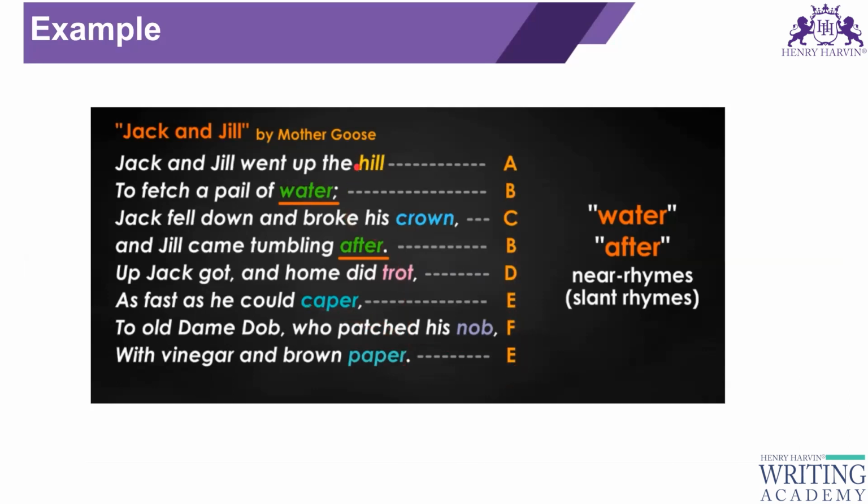So what they did is, the first line is there, and the second and fourth lines are rhyming. Then in the next stanza, up Jack got, this is the second stanza, the same second and fourth lines rhyme. So the pattern is A, B, C, B, where B and B are rhyming.